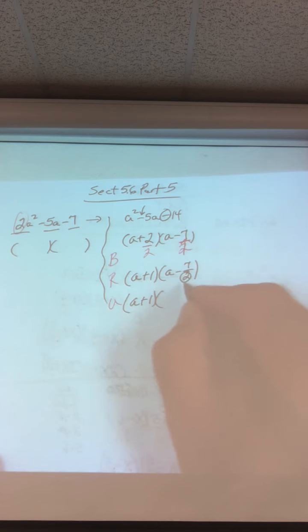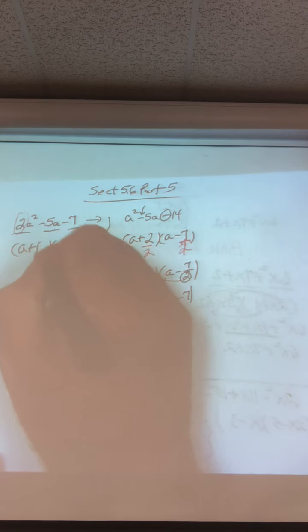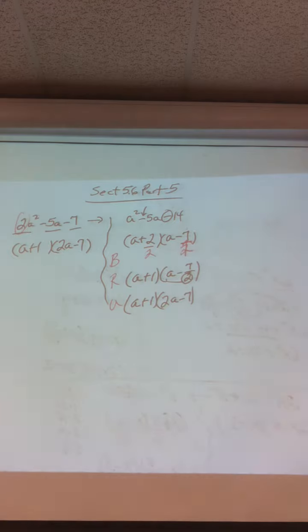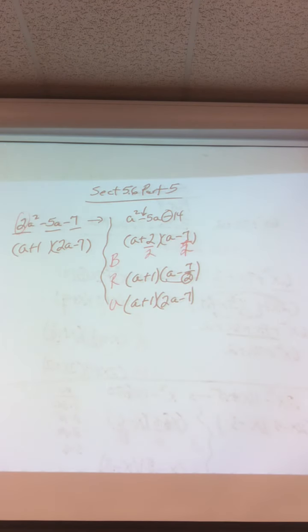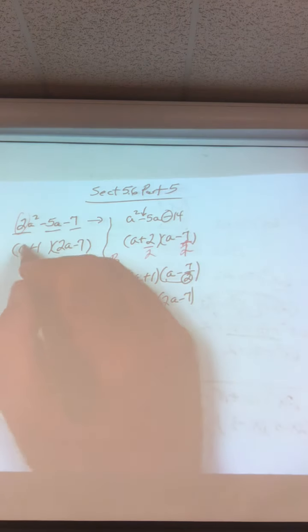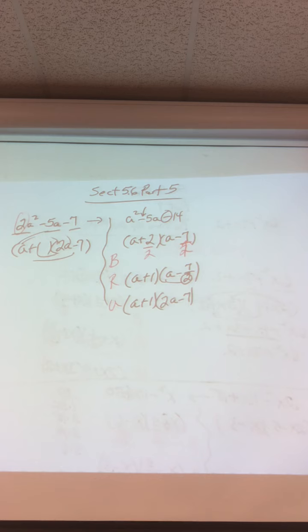But you do have a fraction here, bring that number up. And when you do that, those are the two binomials that would multiply together to give you this original problem. And remember again, you can also FOIL this if you wanted to double check it.